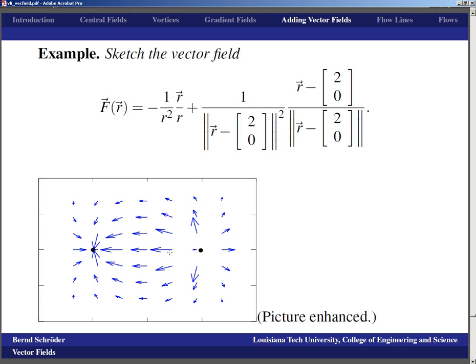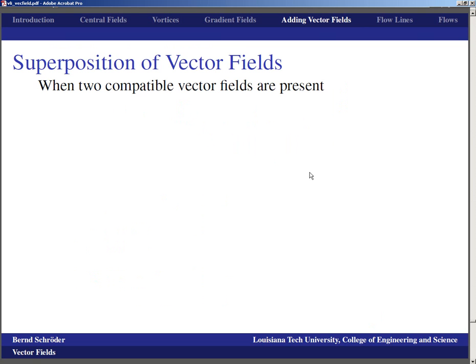I made the arrows longer than they actually are if we were to draw this to scale, because otherwise we would get one of those pictures, as we have seen earlier, that just has a bunch of dots. Okay, so this is something where ultimately you really want to use software. The main thing is we want to accept that we can add vector fields, which is, of course, from a mathematical point of view, not terribly hard at all. You just add the vectors, right?